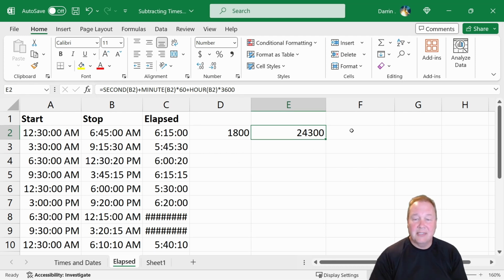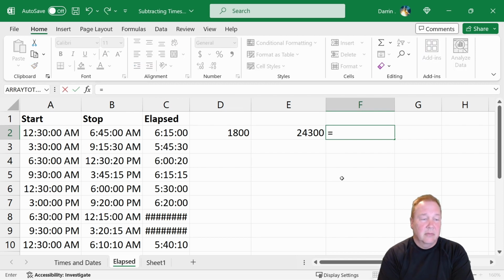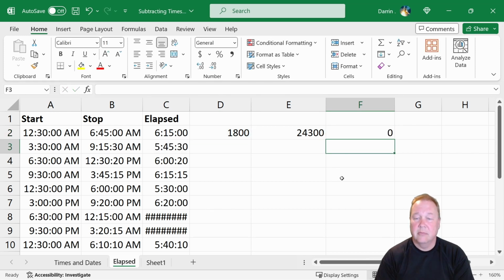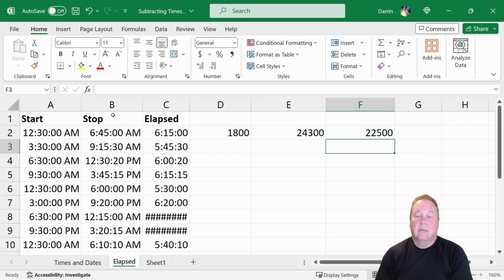So my elapsed seconds is going to be E2 minus D2. And it's probably going to work better if I did E2 minus D2 instead of D2 minus D2. Okay, so my elapsed seconds is 22,500 seconds.